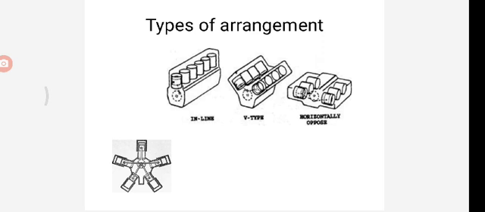The second type is the V type, the third is the horizontal opposed type, and the fourth is the rotary type. In an inline engine, all the cylinders are arranged in a linear, straight manner.